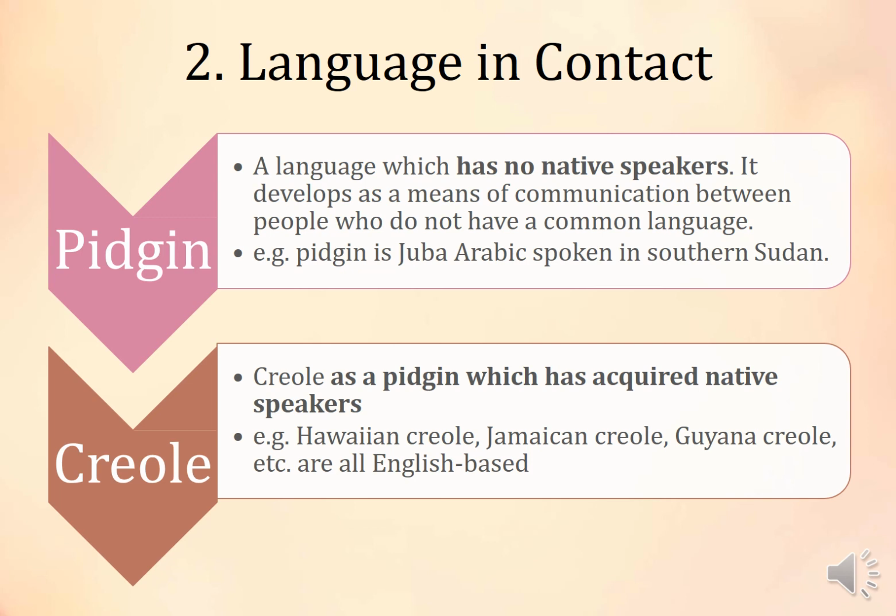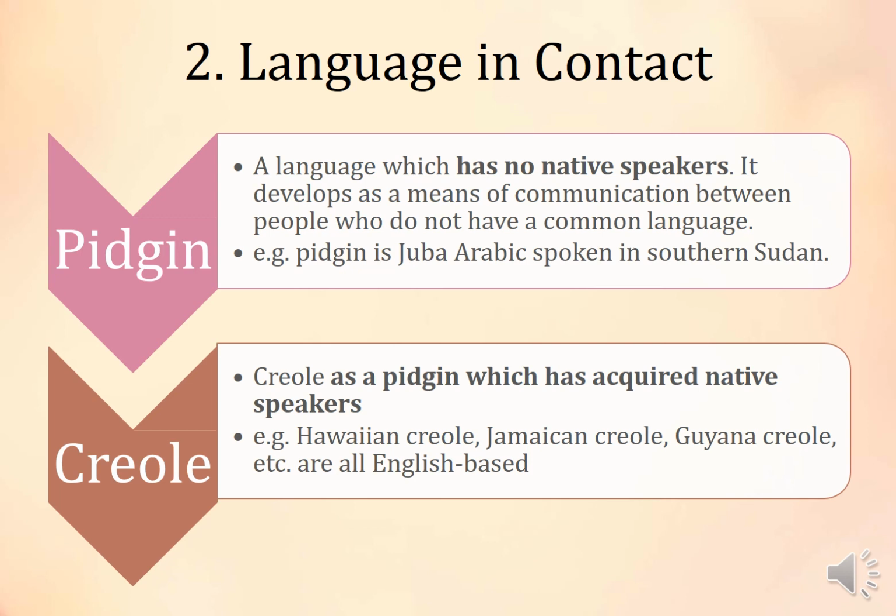Or, for example, one person is Chinese and the other is Pakistani, and they know only a little English, and they use English just as a means of communication. That process of English communication is considered a Pidgin.